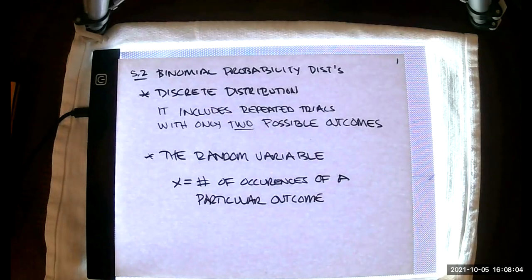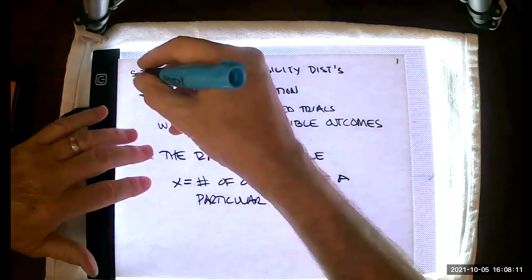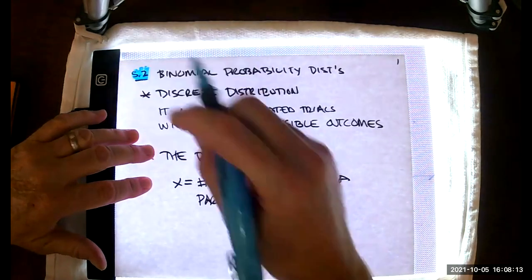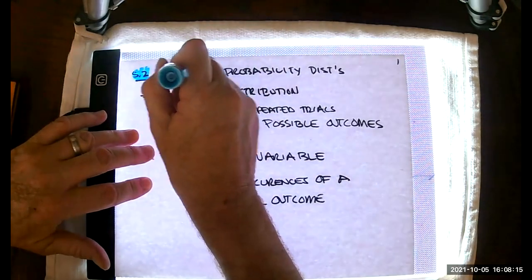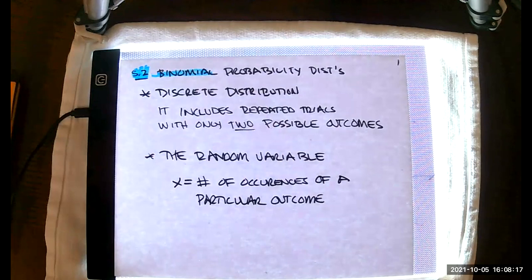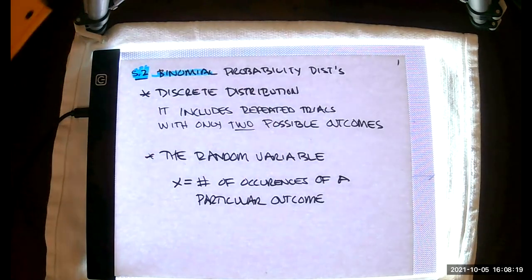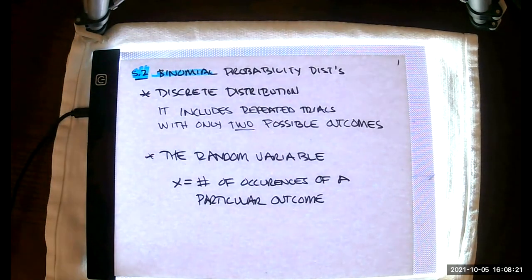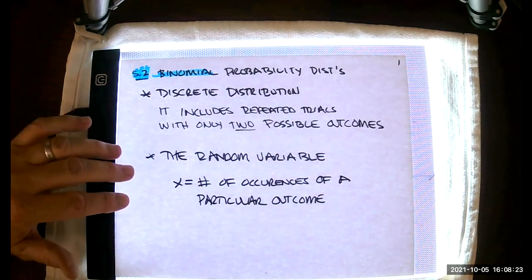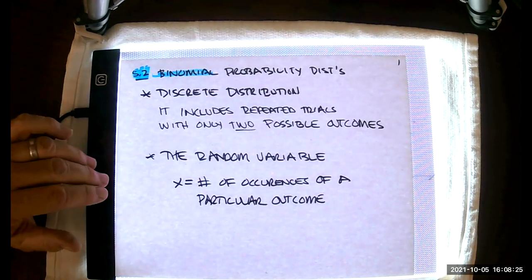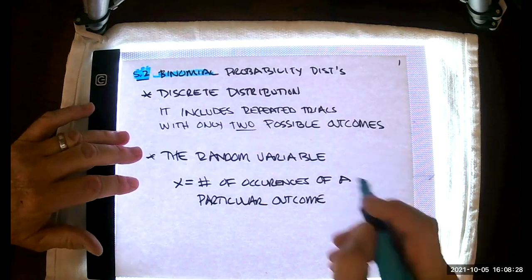All right, so we're going to take a look in section 5.2. The very specific title is binomial probability distributions. Binomial. All right, so a little bit about the binomial type of things before I give you some real hard and fast definition.